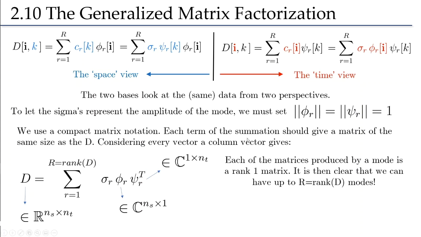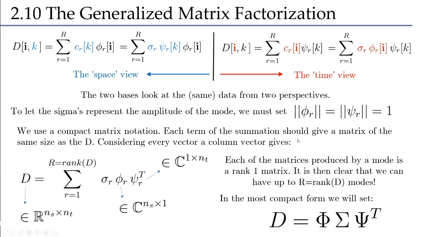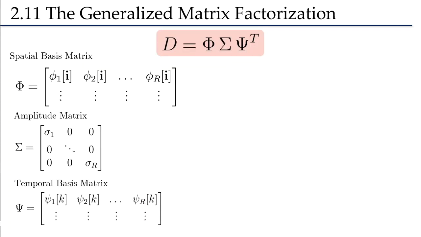Now, this set of outer products can be written as a matrix factorization, which in this work we indicate as follows with a phi sigma psi transpose. Here the phi matrix contains along each column all the elements of the spatial basis, while the psi contains in each column all the elements of the temporal basis.